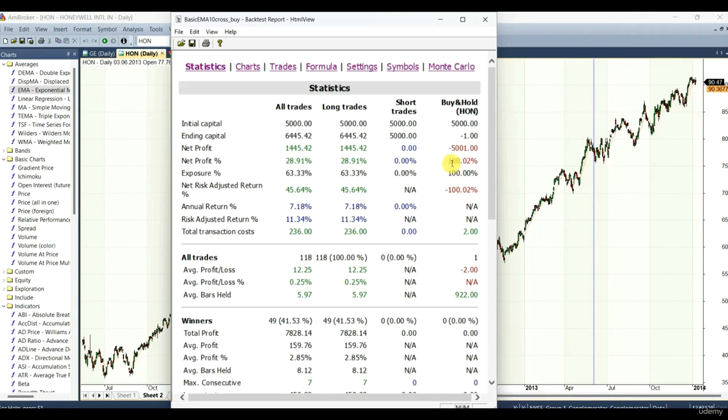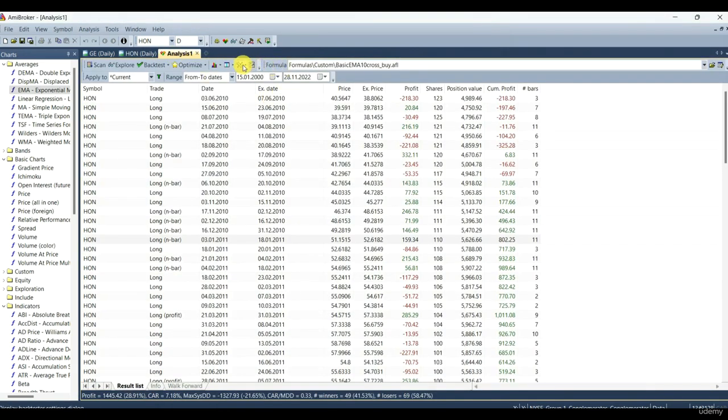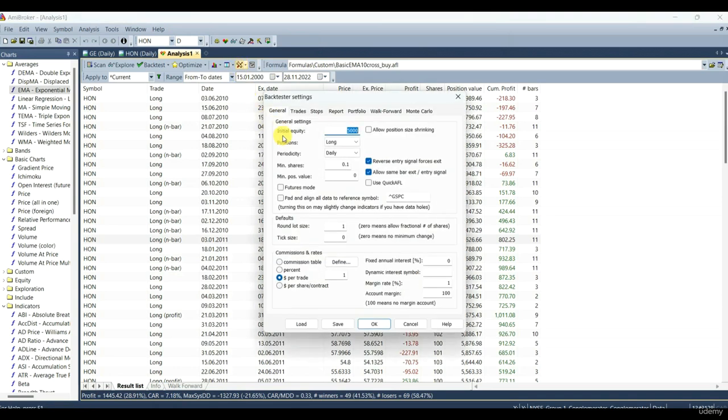If we took all those 5,000 USD and invested it on day one into Honeywell, how much would we make? I'm not sure why it's not showing here, but if I close it, go to settings and change account margin to 99, it will work.